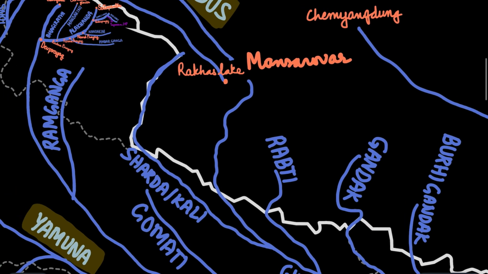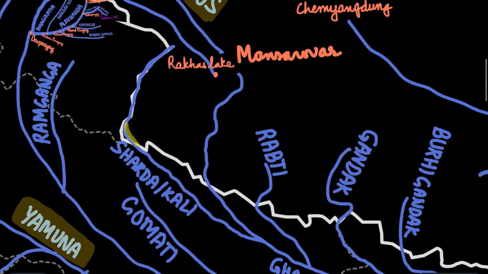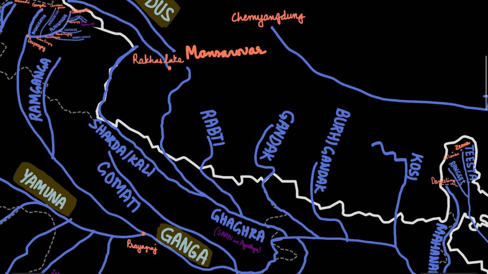Anyways, this is from where the river Kali originates, and it meets another tributary of Ganga, the Ghagra. Ghagra also originates from Nepal, and it comes near Uttar Pradesh and meets Kali.